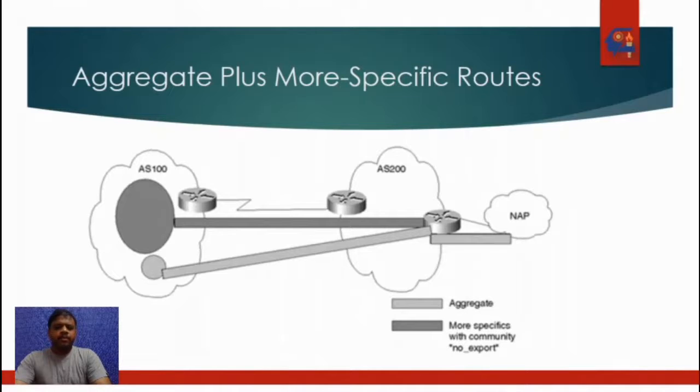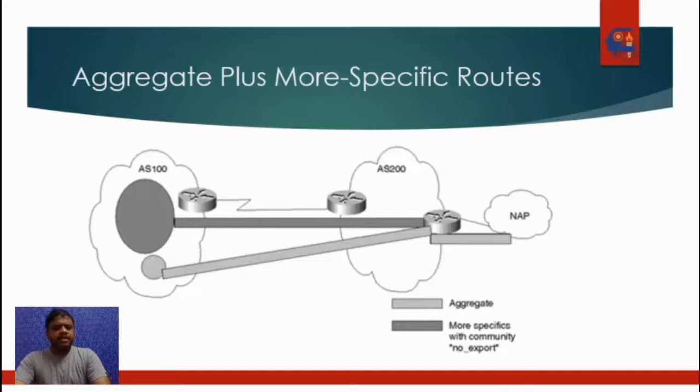Usually, providers like to minimize the configuration and administration. In this situation, a dynamic approach can be used to stop all the more specific routes from being propagated to the network access point, NAP. How can this be done?